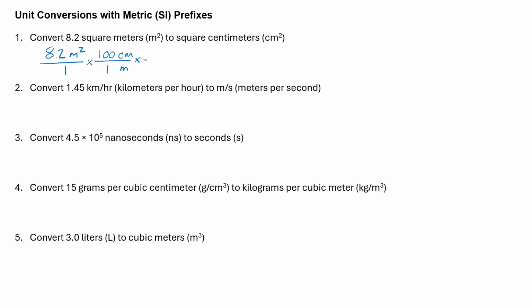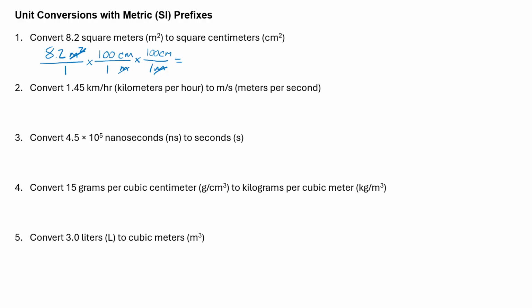But the trick is to get another 100 centimeters over 1 meter, because now meters is on the bottom twice, and that'll cancel out meters squared. And I've got centimeters and centimeters, and that will give me centimeters squared. So the key is to do that conversion twice to get from meters squared to centimeters squared.